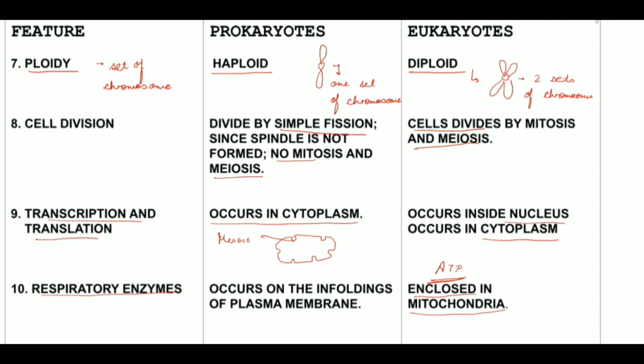It is basically an infolding of the plasma membrane, and on it respiratory enzymes are present, which will help in the process of respiration. They will be responsible for making energy for the prokaryotic cell, because these do not have membrane-bound organelles, so the plasma membrane infolds, and we treat this infolding of the plasma membrane as a structure which we call mesosomes. On these mesosomes, respiratory enzymes are present, and these are responsible for respiration.